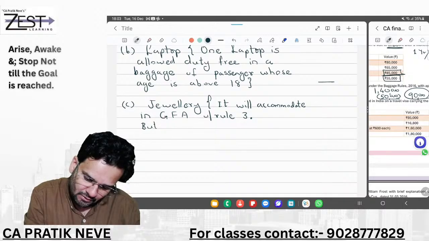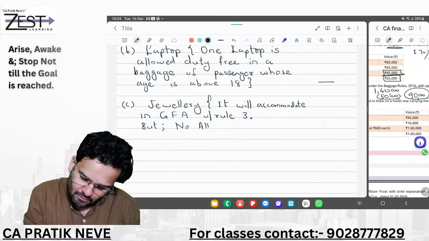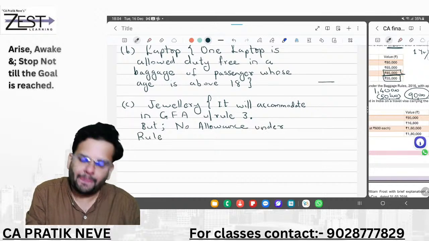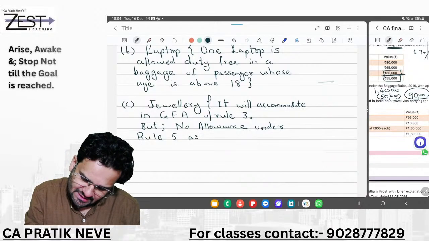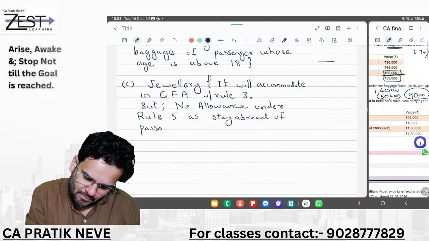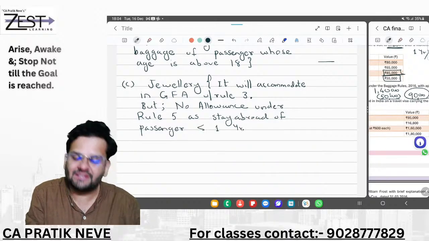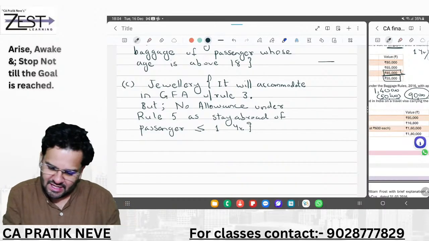But no allowance under rule 5 as stay abroad of passenger is less than or equal to 1 year. So isn't it 85,000?